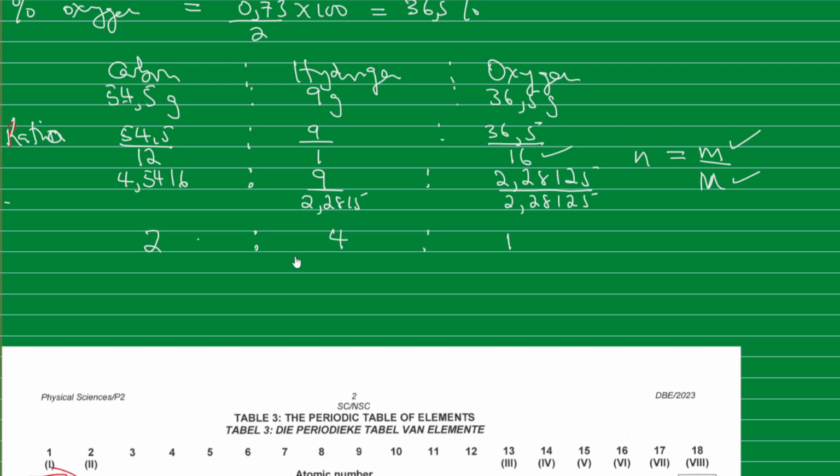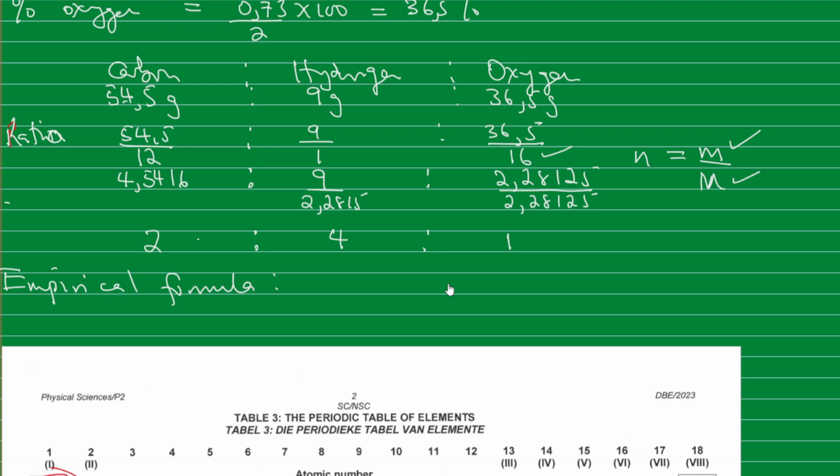Now the 2 : 4 : 1 ratio will give us what is called the empirical formula. What do we mean by empirical formula? The empirical formula is the formula of a compound which indicates the simplest whole number ratio in which the different elements are bonded with each other.